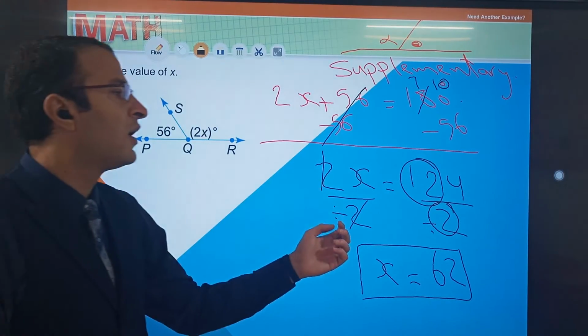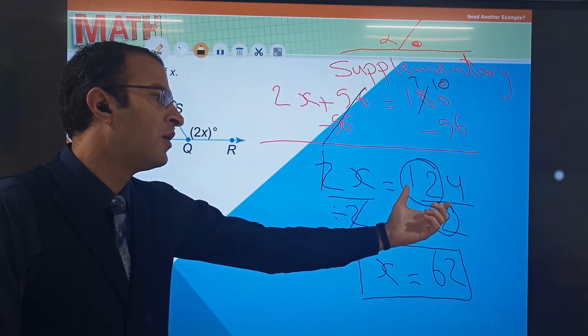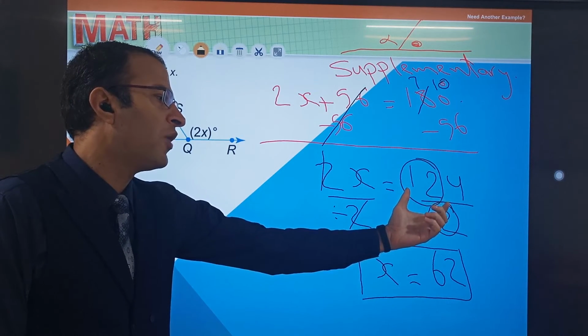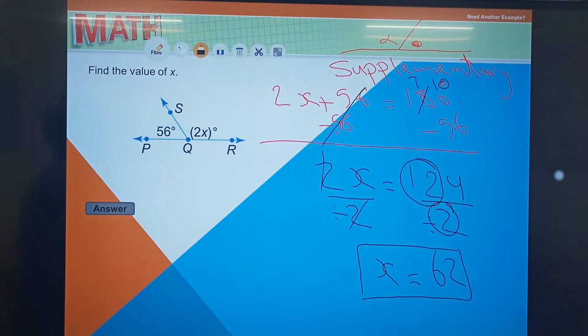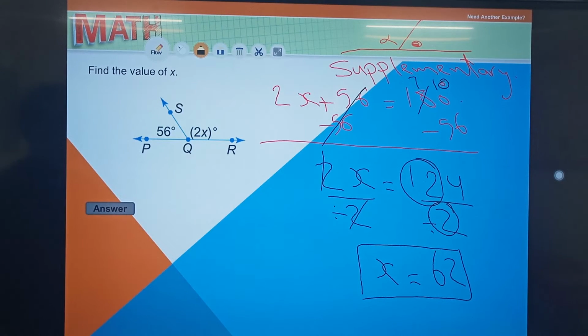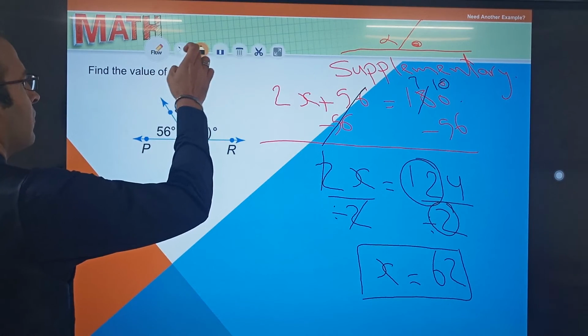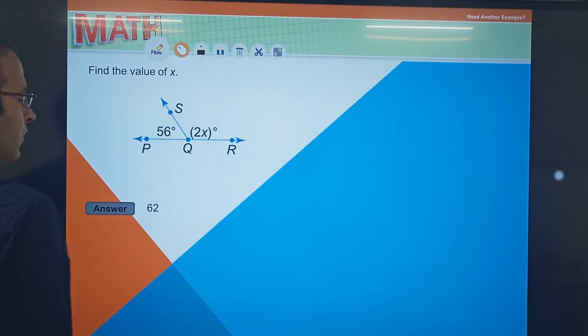After that, I have 2x equal to 124. Divide both sides by 2, so x here is equal to 62. So the value of x, as we said, is equal to 62.